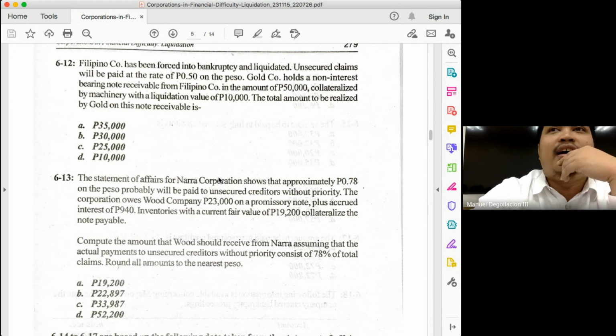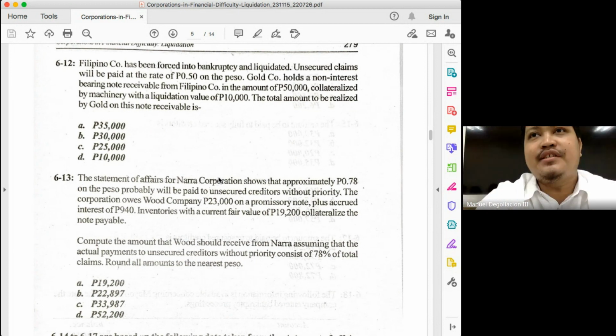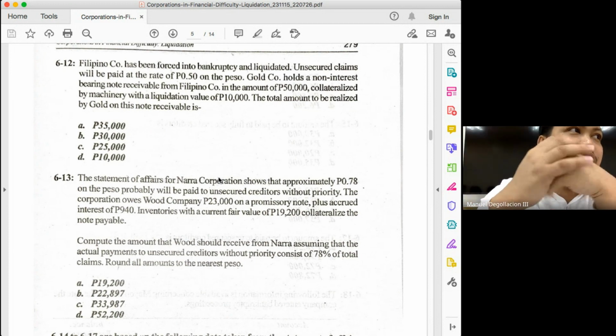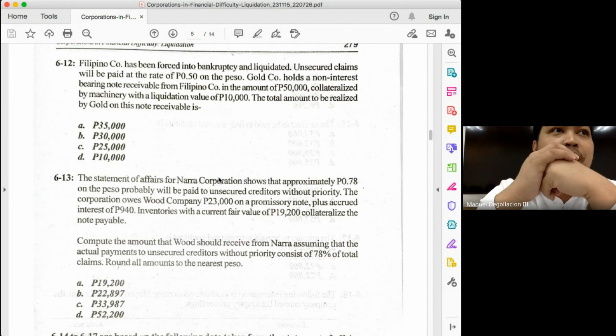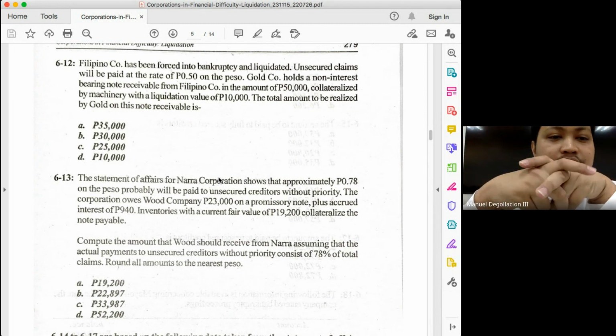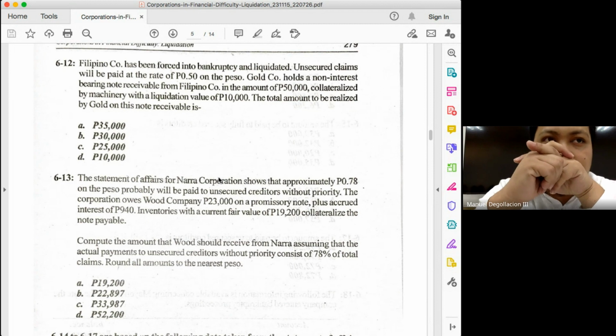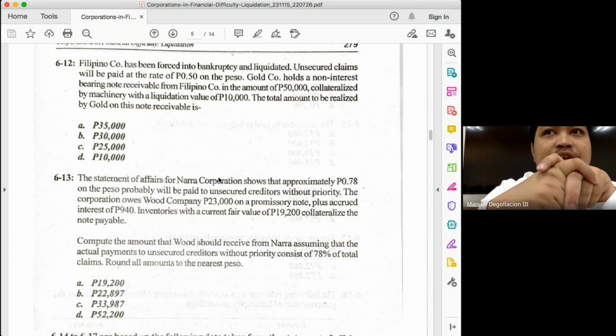Okay. Basically, this is the only one that's complicated, class, and it's not even complicated at all. For partially secured, you give first the amount of the security. Then whatever is not covered by the security, it will be paid based on the recovery rate. The only way that you will get this wrong, class, is you multiply the 50% directly with the 50,000.